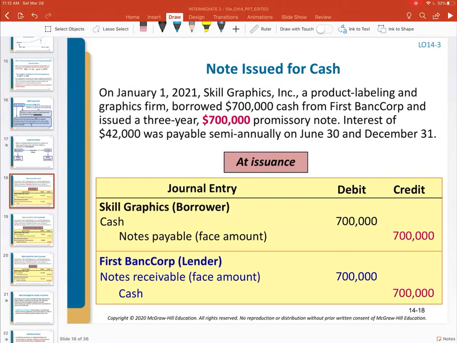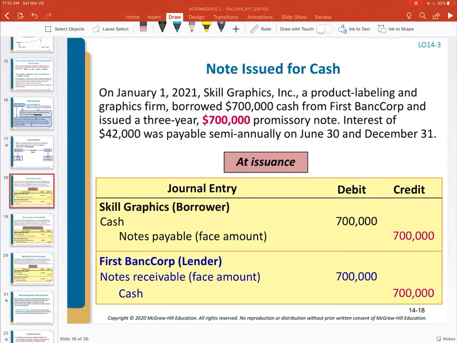That time gap does not typically exist when it comes to notes payable. When it comes to these long-term notes that we would negotiate with a financial institution, that time lapse is not there. So we can negotiate the terms of the note, and on the day that we sign on the dotted line for this long-term contract, we can create a stated rate of interest that is equal to the market rate of interest.